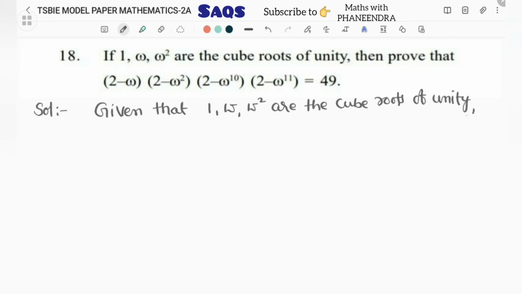Whenever they are cube roots of unity, then we have 1 plus omega plus omega square is equal to 0 and omega cube is equal to 1.